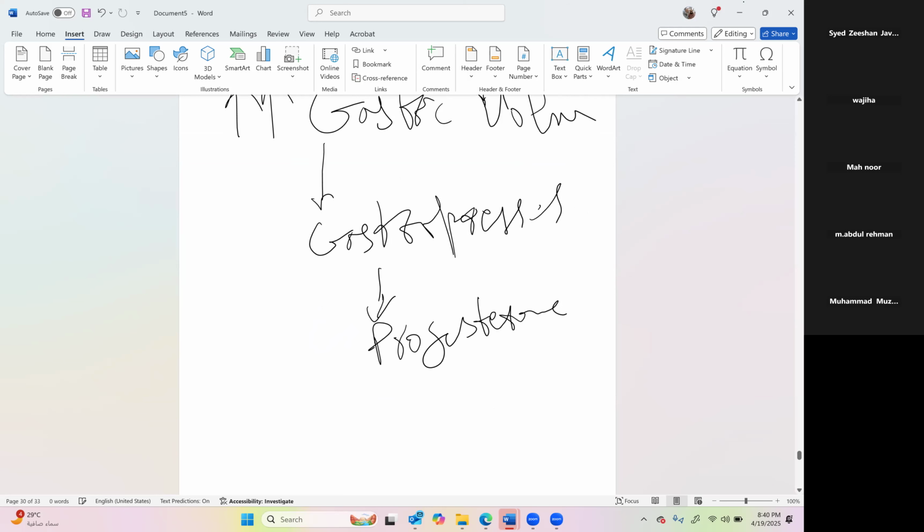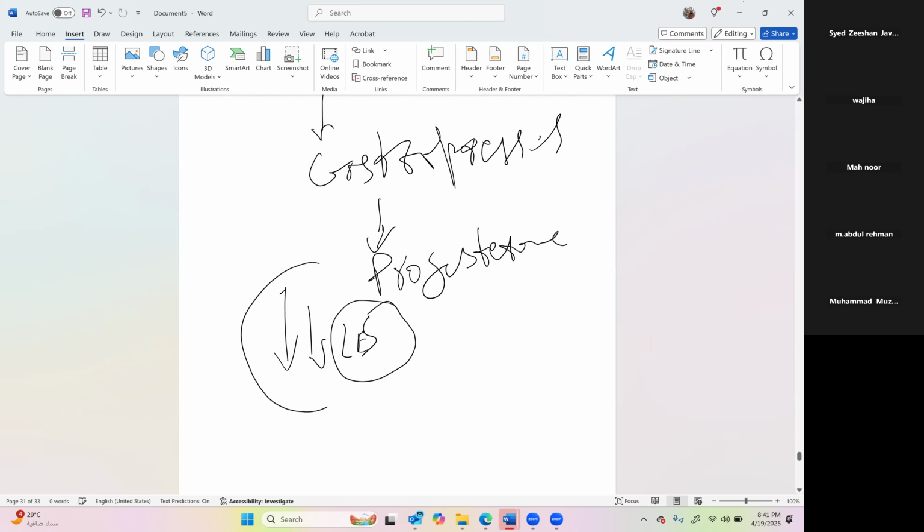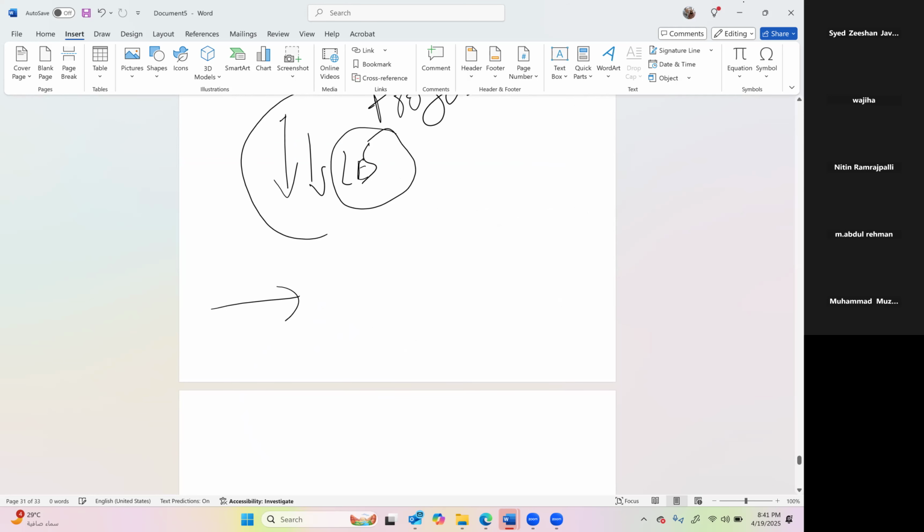Progesterone. Okay, hormonal effect. Not only is there gastroparesis, but there is also decreased LES tone, lower esophageal sphincter tone. So all these factors predispose to aspiration. Okay.